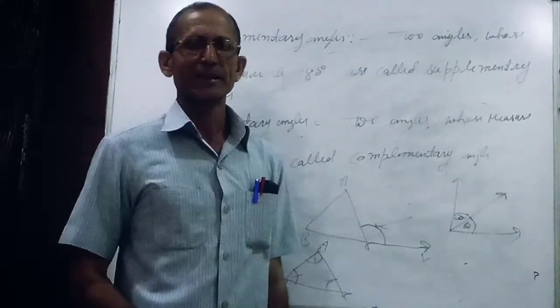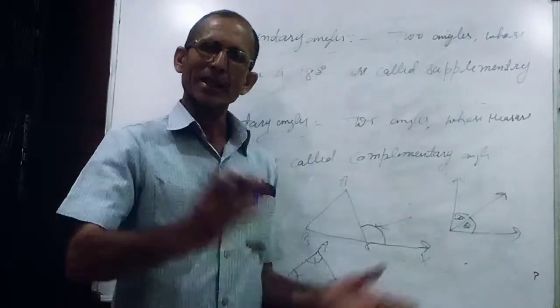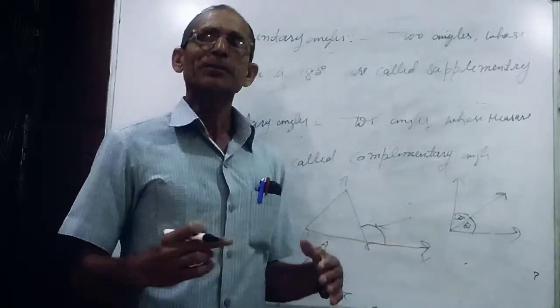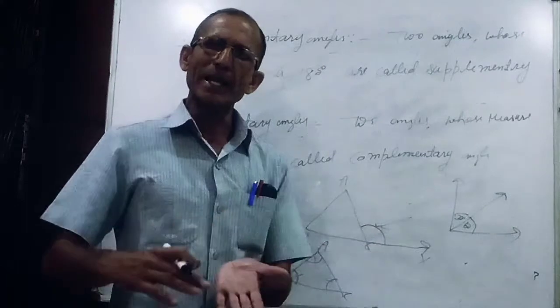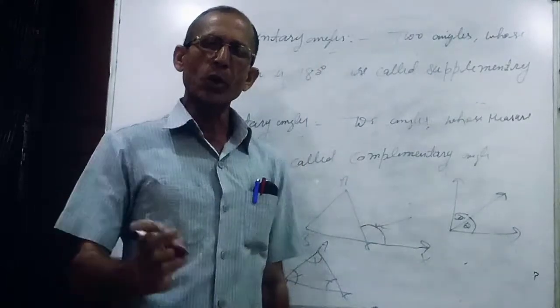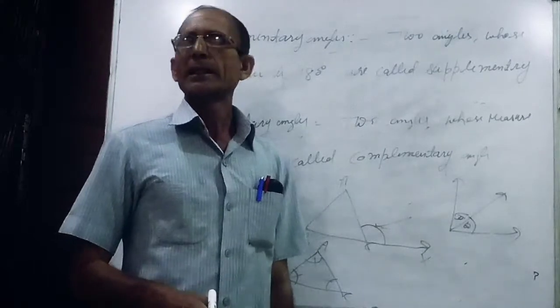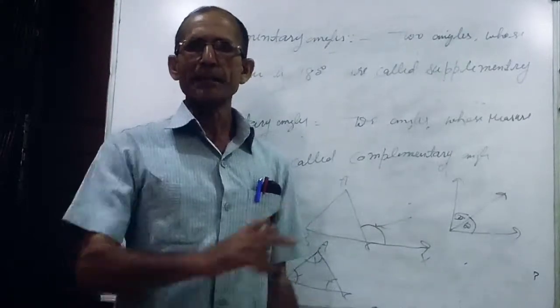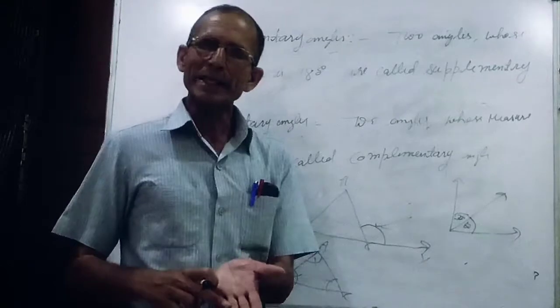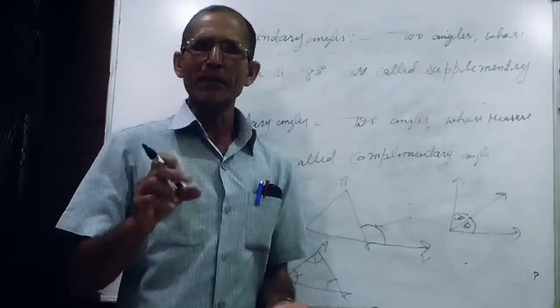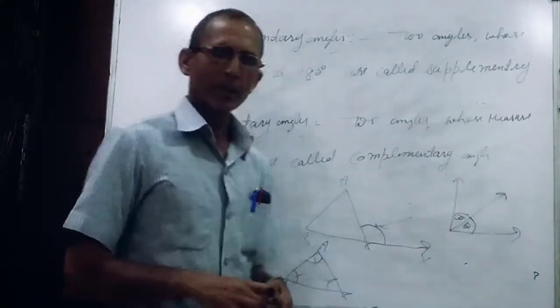If a line stands on other lines, the angles formed by this line will be supplementary. It means their measure will be 180 degrees. Now I will prove this theorem.